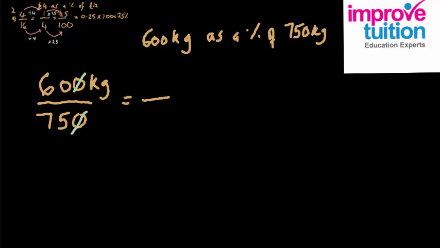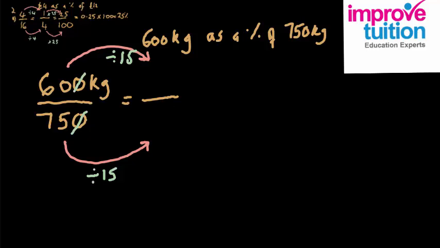Okay, so if we've got 600 kilograms and we're working a percentage out of 750 kilograms, we just write it as a fraction and we say, okay, which number goes into 60 and 75? Well, we know that 15 goes into each of the numbers. So 75 divided by 15 is going to be 5, and 60 divided by 15 is going to be 4.